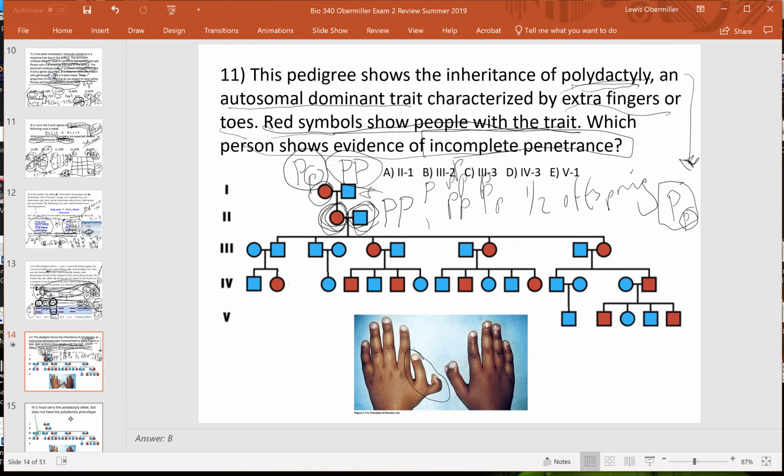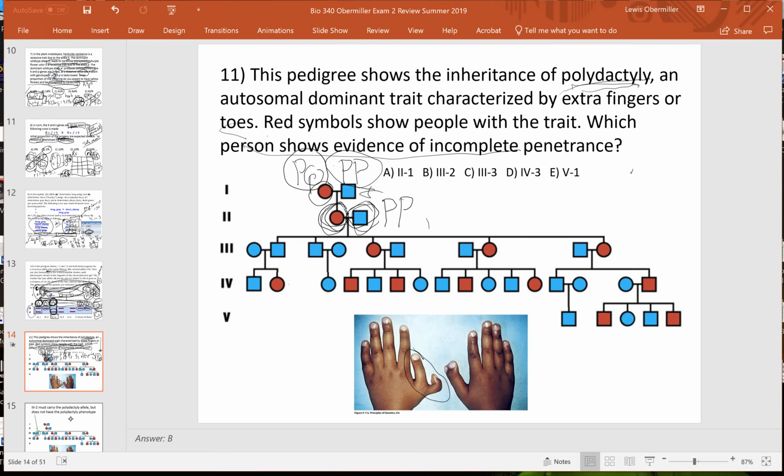Let me erase this. All right. So this cross we're looking at here, this person is big P, right? They can't be little p because this parent would have polydactyly too.